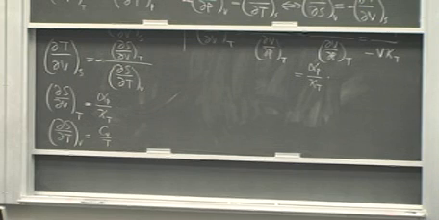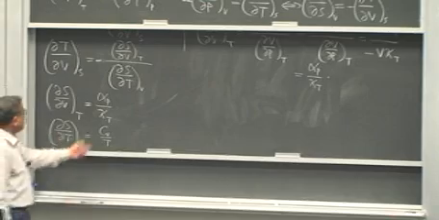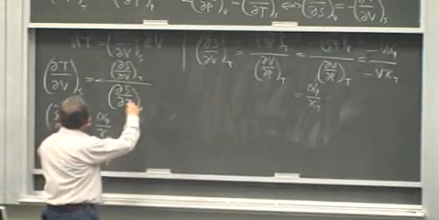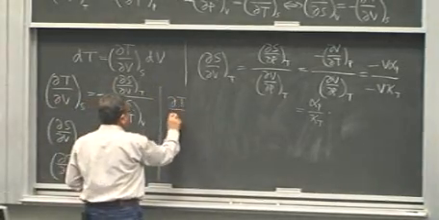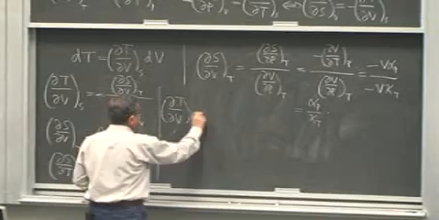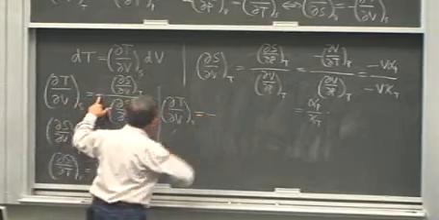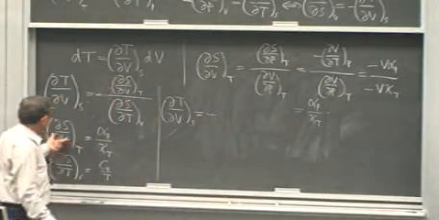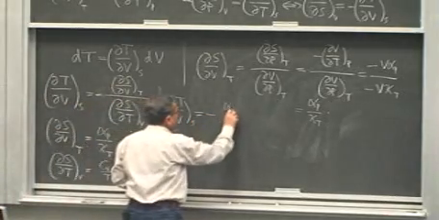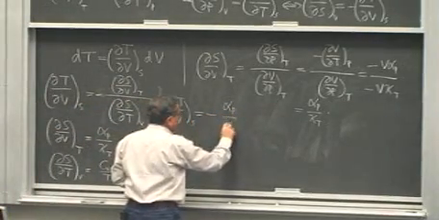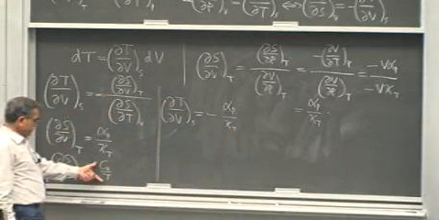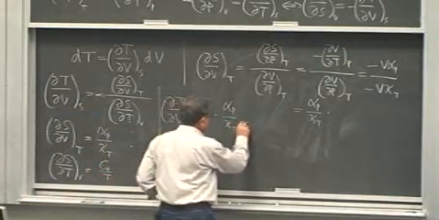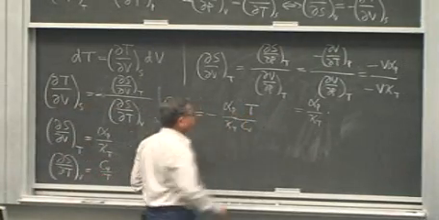Okay, so this is dS by dT at constant V is CV over T, and therefore this expression dT over dV at constant S will be equal to this minus sign here, and dS by dV happens to be alpha P over kappa T, and then in the denominator we have CV over T, so we have CV here and T here.